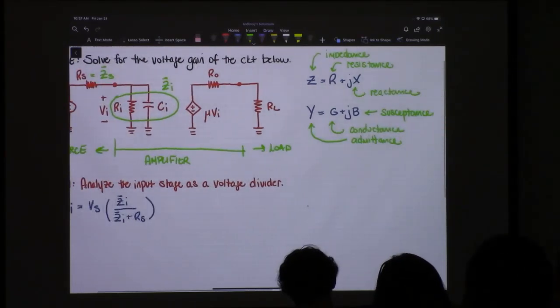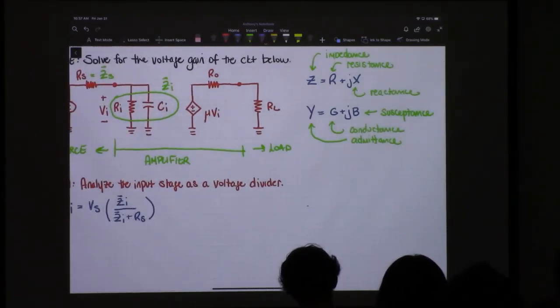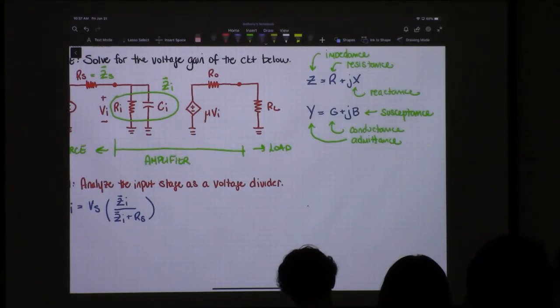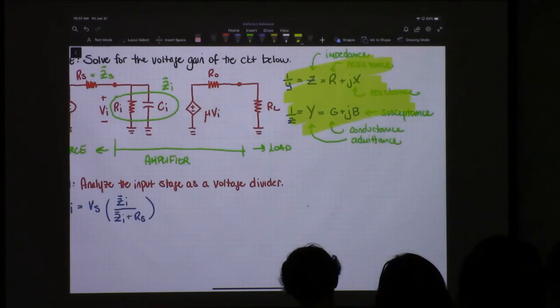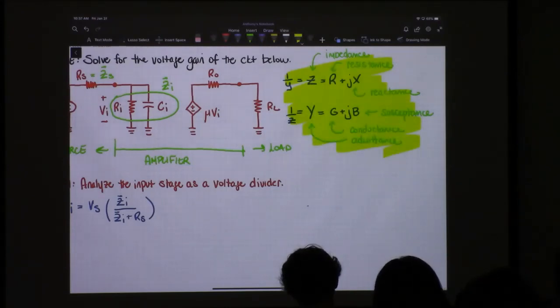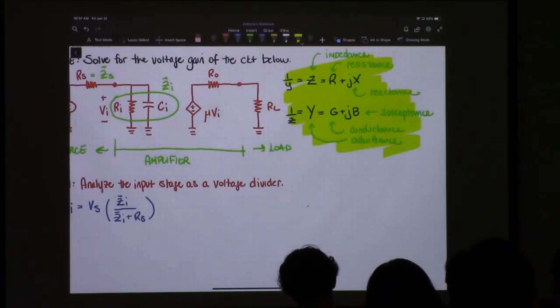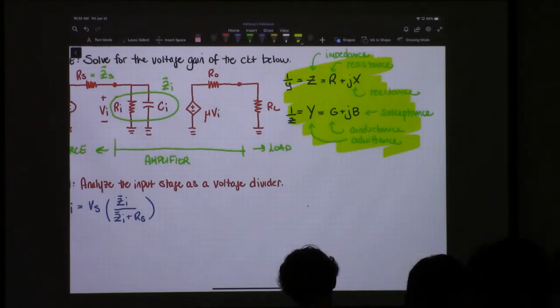And the relationship between the two of them. Okay, so that's the whole gamut of everything you need to know for complex values related to impedance. We'll be using those terms a lot. Hopefully you can get familiar with them quickly.